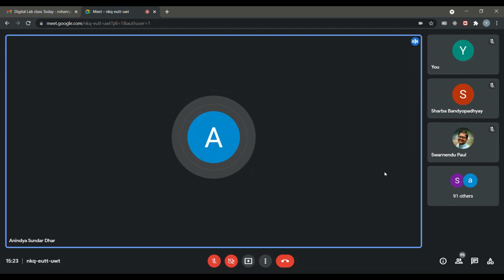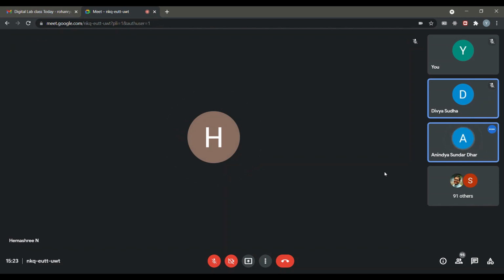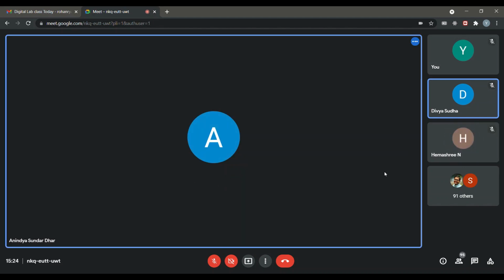I think that simulator hanged or something happened. So anyway, is that document visible by any chance? Whatever I am showing on that paper. No, sir. I think I have come out because it was not responding.